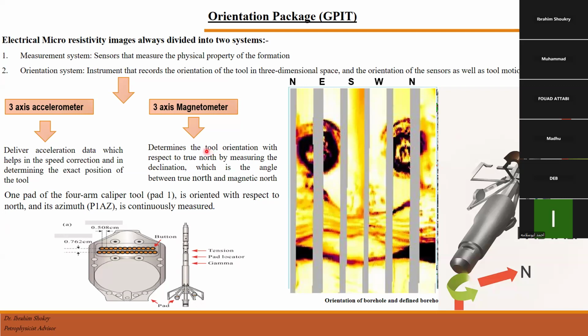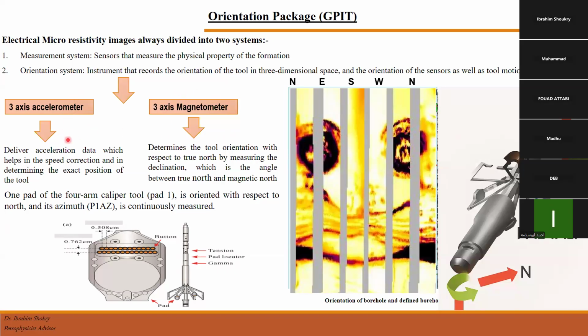So the magnetometer system is responsible for calculating the tool declination, which is the angular difference between the true north and the magnetic north. To make it brief, the orientation system, or the measurement system, is regarding the pads. The orientation package is regarding what you call the sonde. In this sonde, we have three-axis acceleration and three-axis magnetometer.